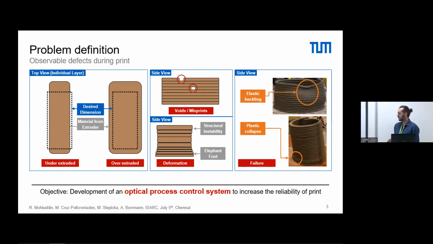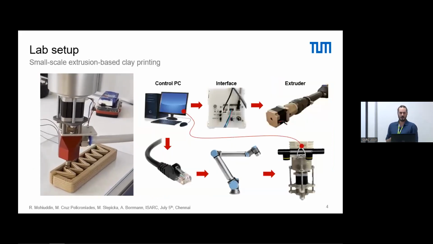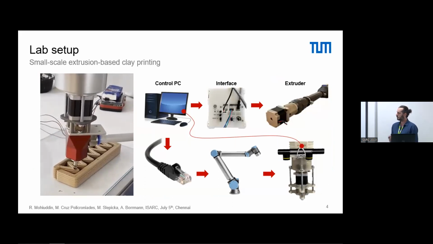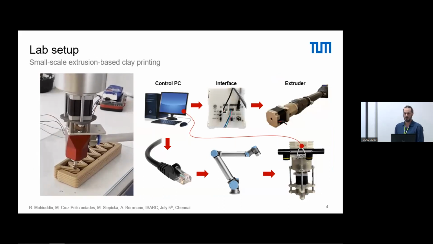The objective of this task is to develop an optical process control system to increase the reliability of the system. Basically, we focus mostly on the left problem statement here. We implemented that system for a lab scale printing setup, which is used to print with clay.